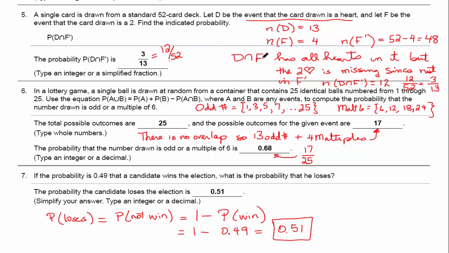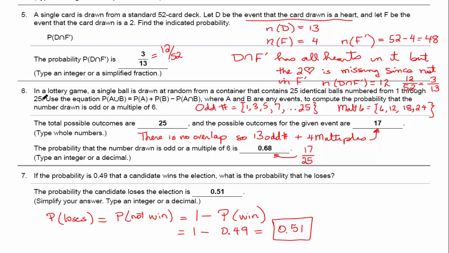First off, it's going to have D, all the hearts, but the 2 of hearts is missing, since it wasn't in there. The number in there is 12, and so the probability is 12 out of 52, which reduces, taking a 4 out of top and bottom, to 3 over 13.